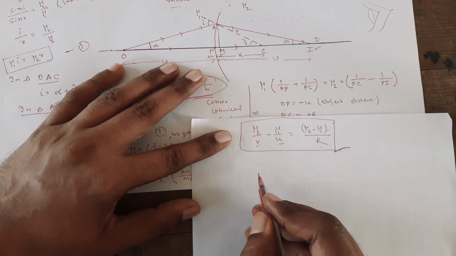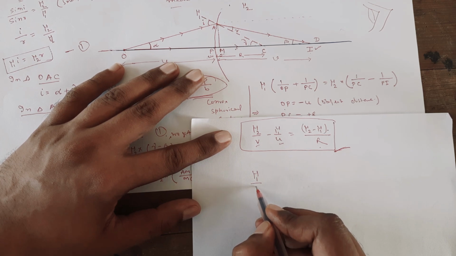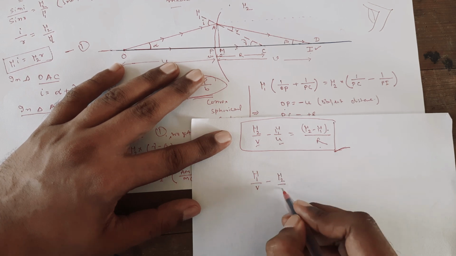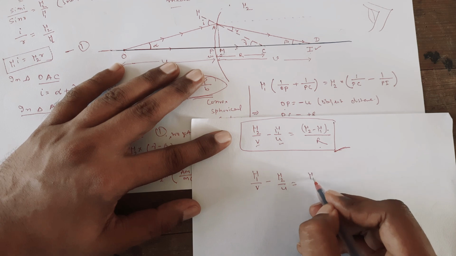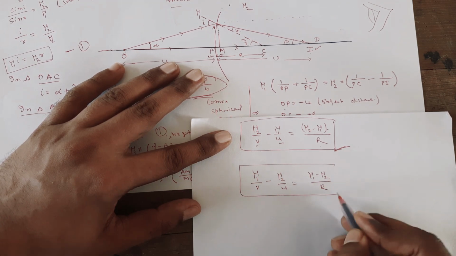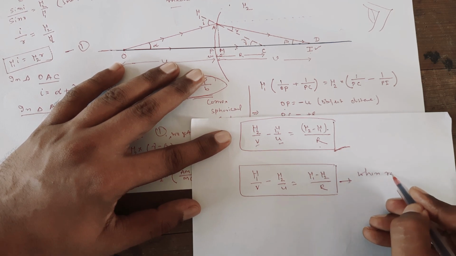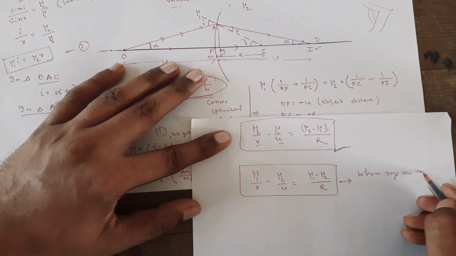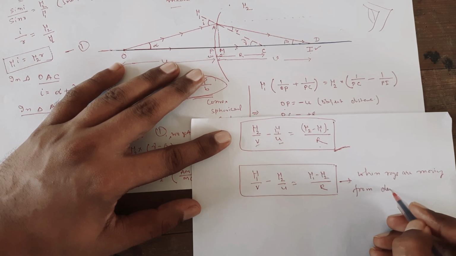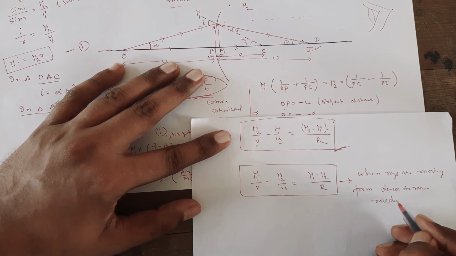So the expression will look like mu1 by v minus mu2 by u is equal to mu1 minus mu2 divided by R. So this is the relation when rays are moving from denser to rarer medium.